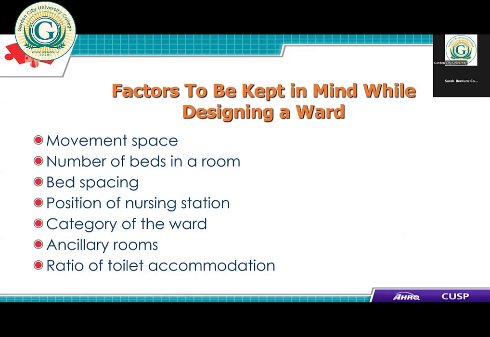So you need to consider all these factors before you design. When you are designing a hospital or hospital ward, you factor all this. So bed spacing, position of nursing station, category of the ward, ancillary rooms, and ratio, toilets, and all those things.